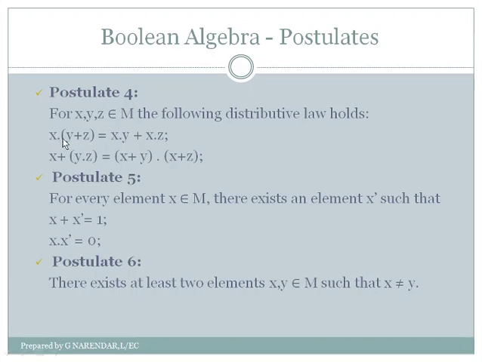So AND operation distributed over OR operation, and OR operation distributed over AND operation. And postulate 5 defines the complement of an element, and postulate 6 defines that there must be at least two elements in the set such that x not equals y, and x, y belong to M.